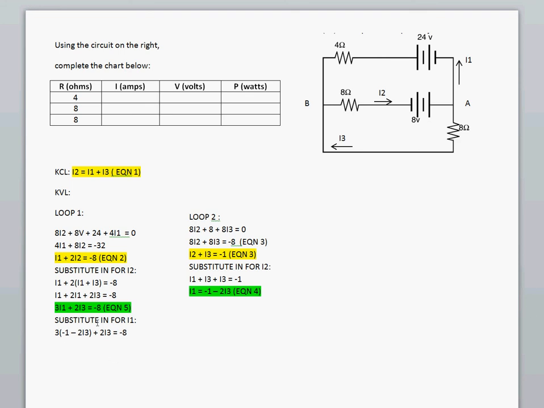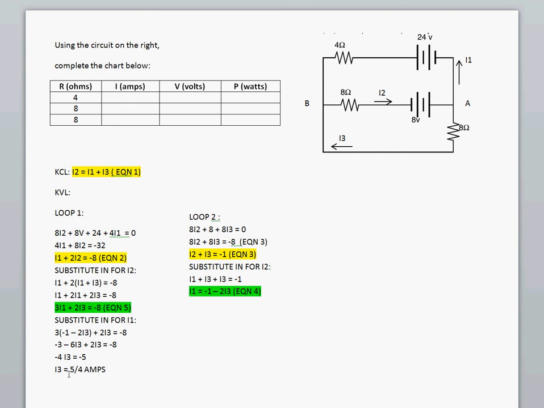So I do the math on this, and that gives me negative 3 minus 6 I3 plus 2 I3 equals negative 8. That gives me negative 4 I3 equals negative 5, or I3 equals 5/4 amps.